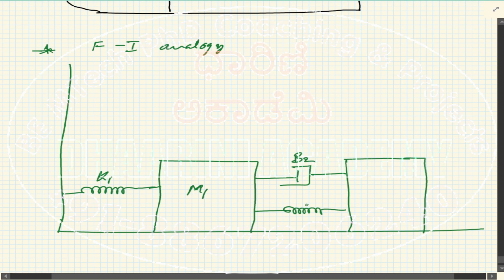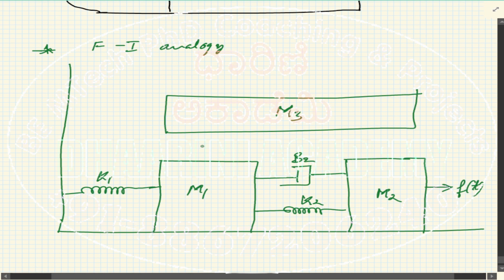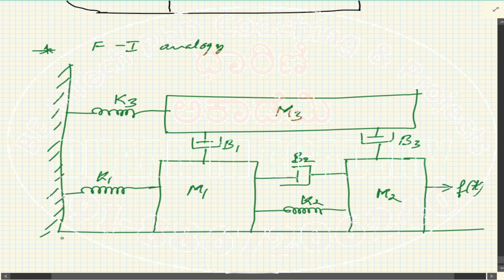This is B2, K2, M2, f of t, and this is the reference.